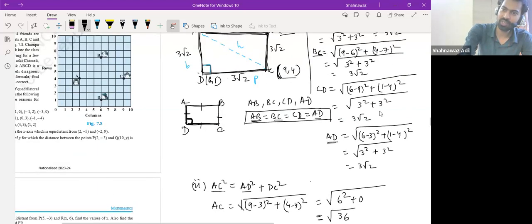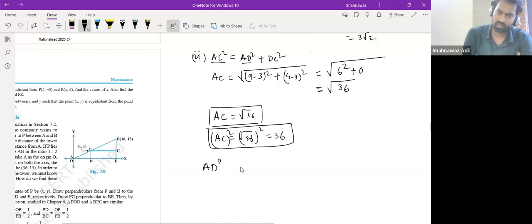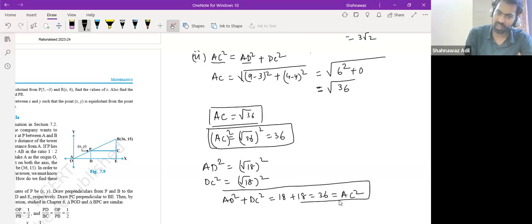AD was root 18, so AD square is root 18 square and DC square is also root 18 square. So AD square plus DC square is 18 plus 18, which is 36, which is AC square. Right? So from here we can say that this is a right angle triangle.